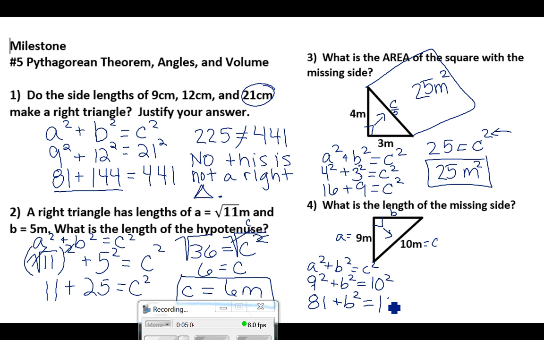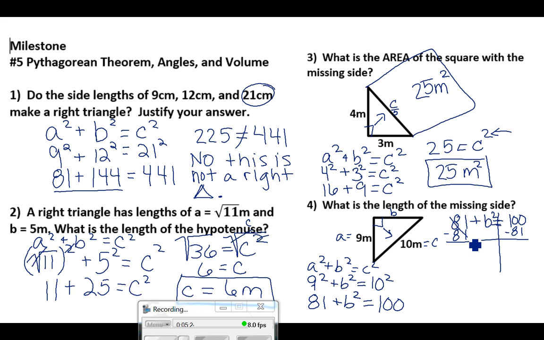10 squared is 100. I'm going to rewrite it over here so I have room to solve the equation. Because now I need to solve for b. So I'm going to have to subtract 81 from both sides to get b alone.